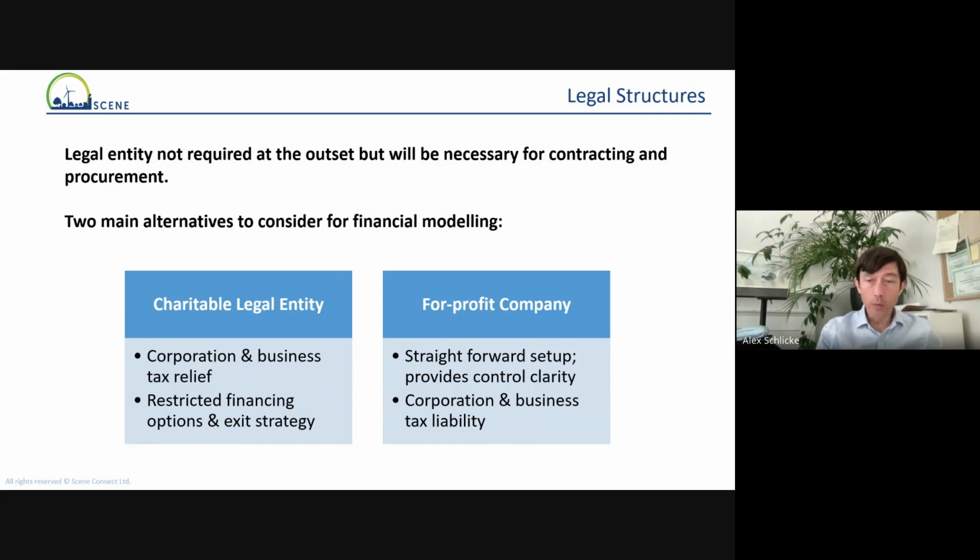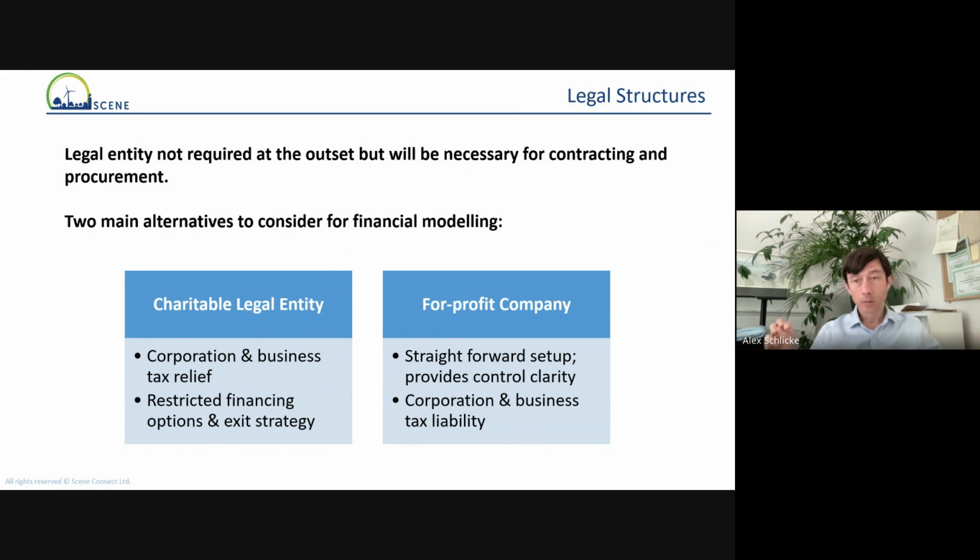Effectively there are two main principles to start with in terms of thinking about the entity, which you don't need to decide on, but even at the feasibility stage, when you're just assessing initial viability, are material to the considerations because of the ramifications on the financial modeling. So on the one hand, you've got a charity. On the other hand, you've got a for-profit company.